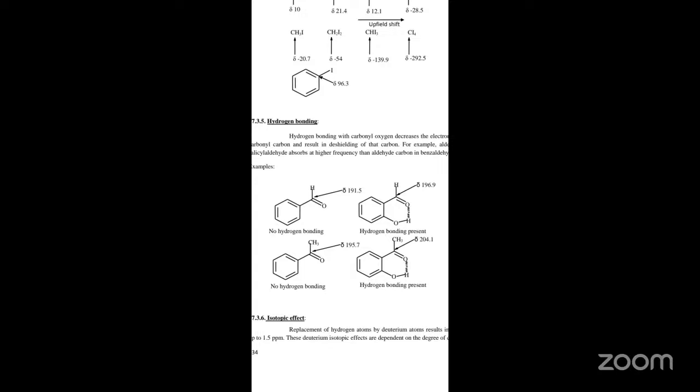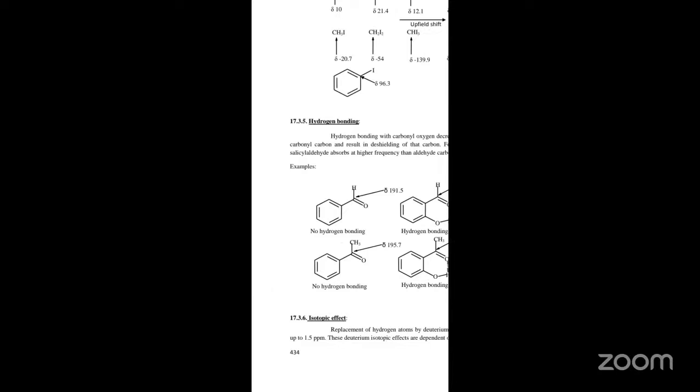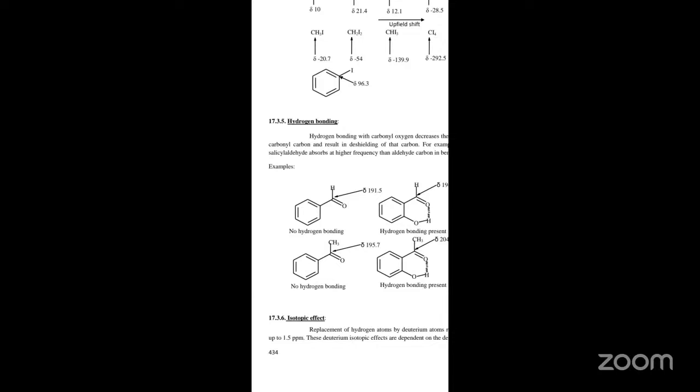And when this particular acetyl group carbon is involved in intramolecular hydrogen bonding with the OH group here, its value becomes 204.1, right? So the increased delta value is due to the involvement in the hydrogen bonding here.